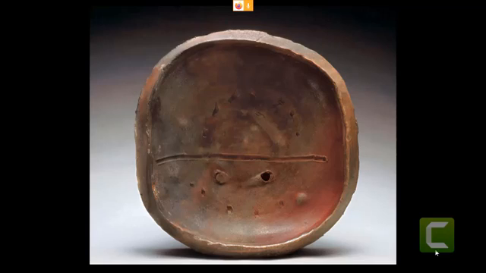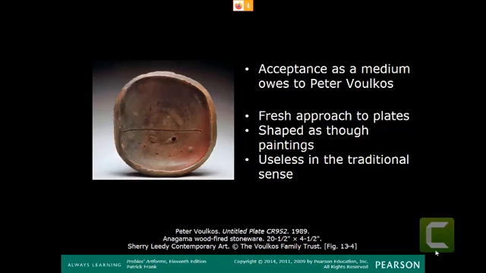So when it comes to working with this material, artists can be on the abstract side. They can make objects that are used for daily living, but at the same time have a little bit of creative value. Peter Voulkos, Untitled Plate CR 952, made in 1989.